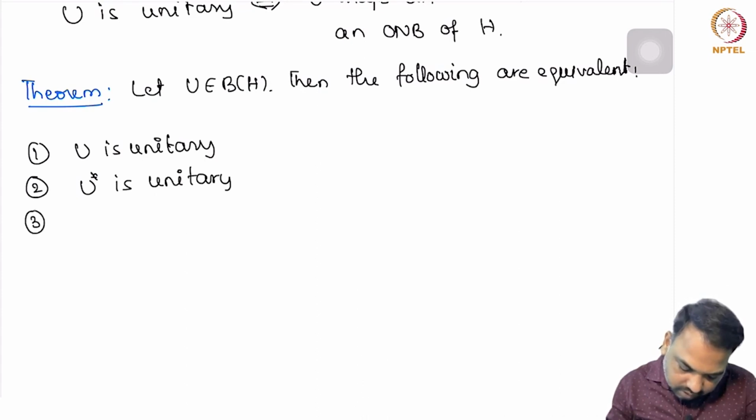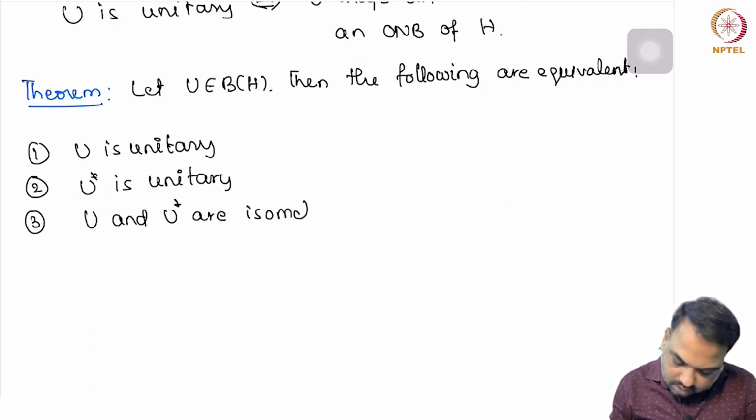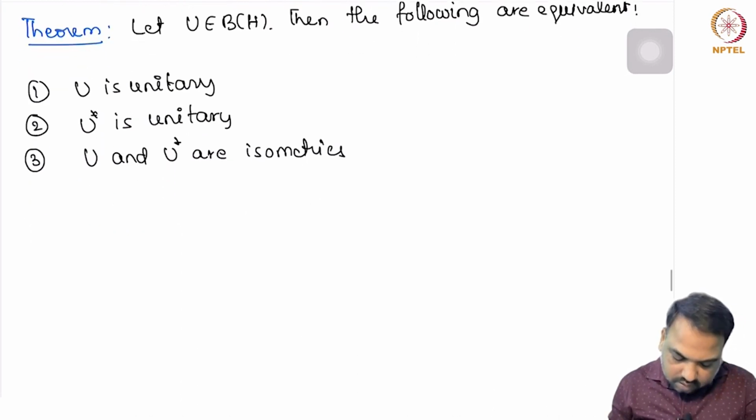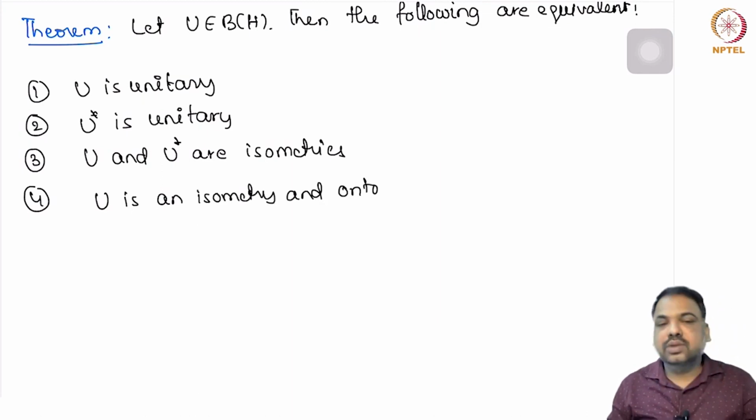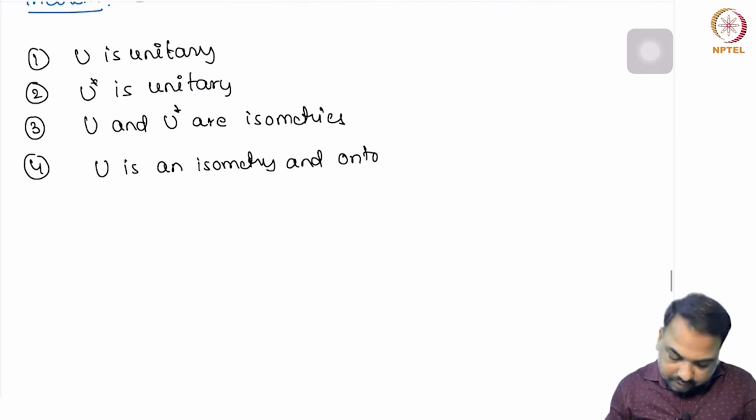And we have already observed that both U and U star are isometries. And this implies U is an isometry and onto, because when U star is an isometry, kernel of U star is 0, that is equivalent to range of U being the whole space, because range of U is closed, since it is an isometry. So from that we can conclude that U is an isometry and onto.